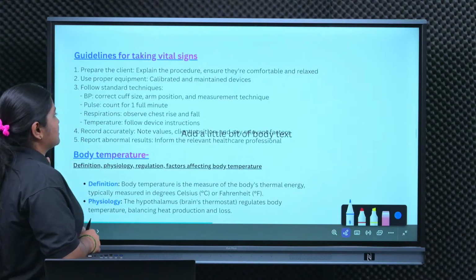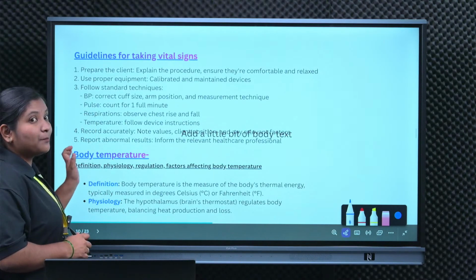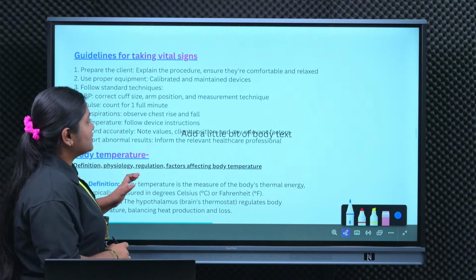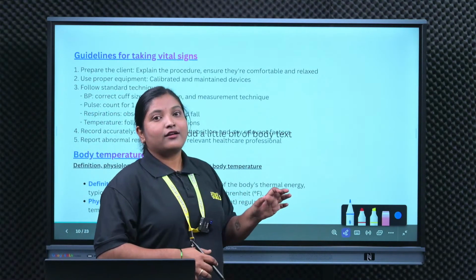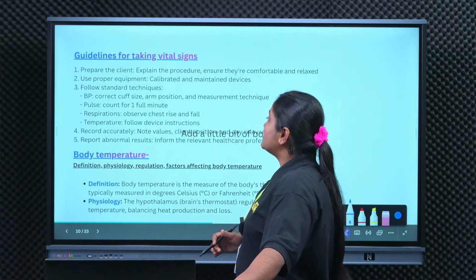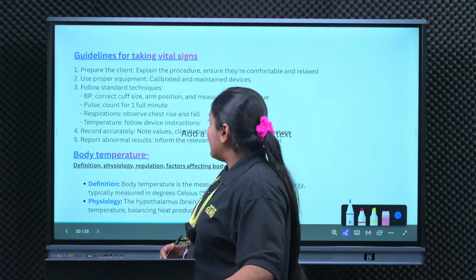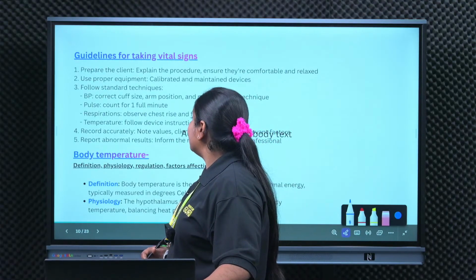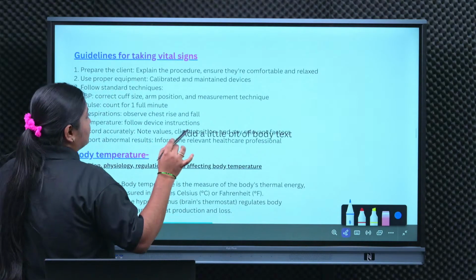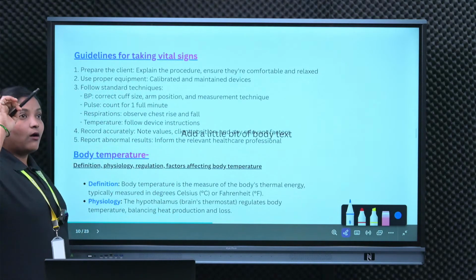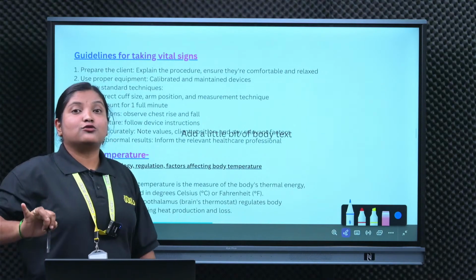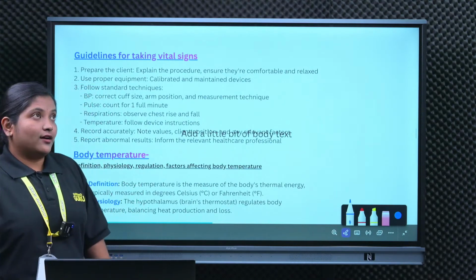For pulse, count for one full minute; you should not manipulate this. For respiration, observe chest rise and fall while counting. For temperature, follow the device instructions. Record accurately whatever you measure; you should not be biased.